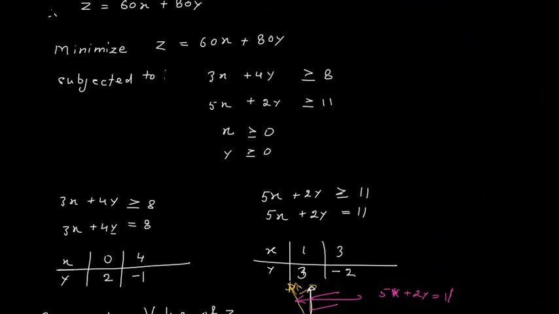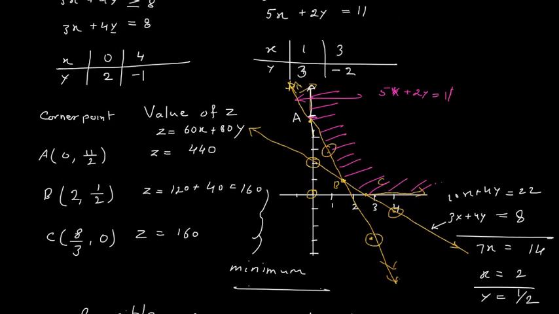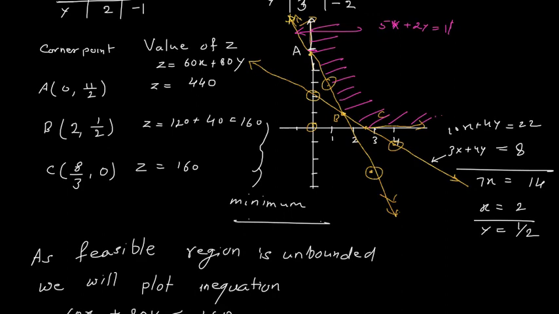Now 3x plus 4y greater than 8 we have already plotted. So for 3x plus 4y less than 8, we get the same line, but it does not include the line, so it is a dotted line. Something like this. Now there is nothing common.